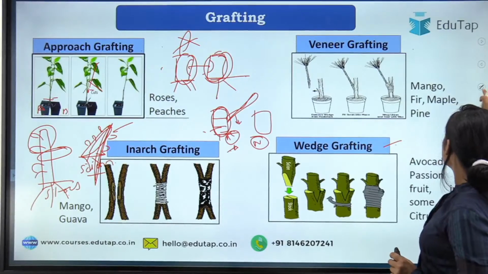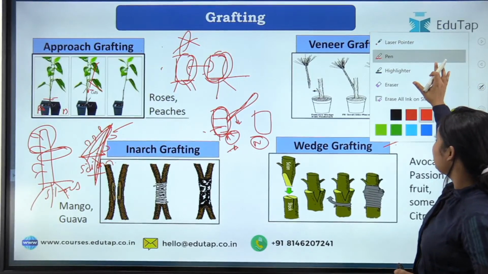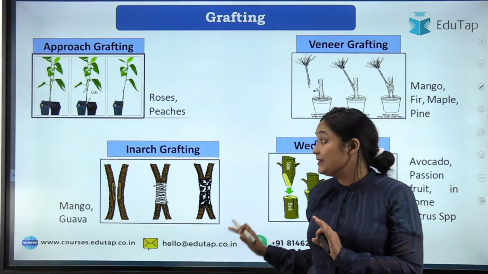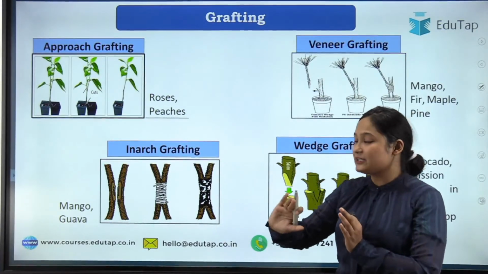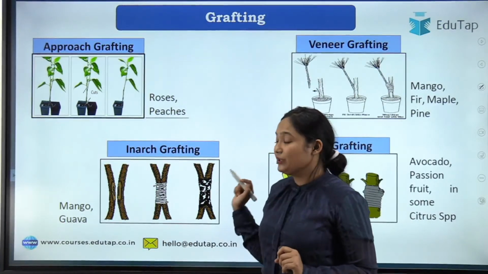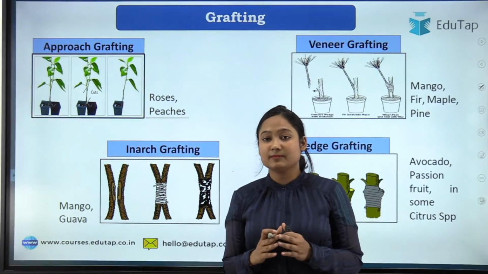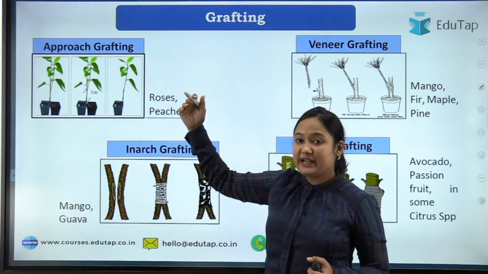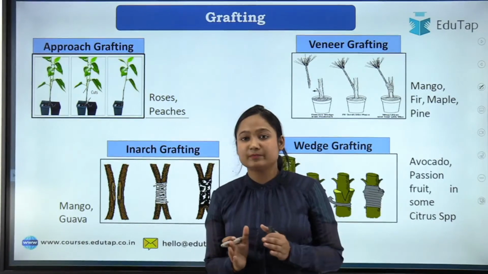If everybody is clear on approach grafting, I know it's a little difficult. If you don't have an agriculture background, it can be difficult to understand the grafting and types. But if everything is clear, we will take it slowly. And if everything is clear, do let me know in the comments so that I can move to NR grafting. There's no problem. If anybody has any doubt, I'll re-explain it. No problem.